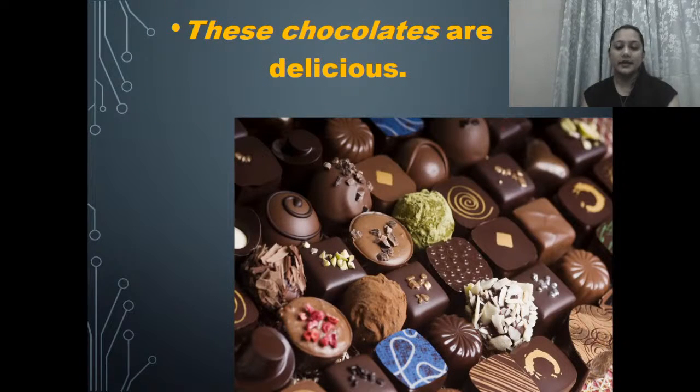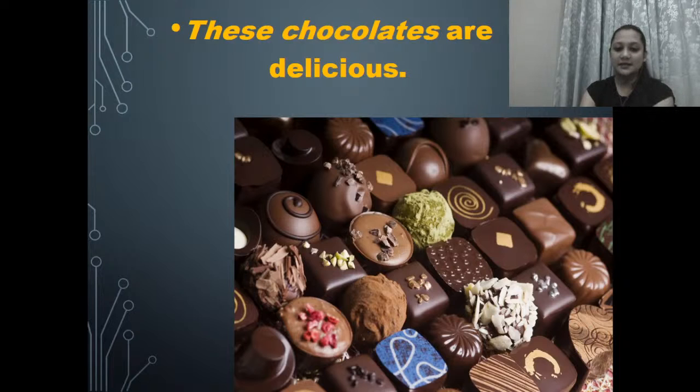Here, right. Now, these chocolates are delicious. Okay, it says these chocolates are delicious. Clear? So chocolates is definitely a noun. If any such word comes before it, that will be called a determiner, right?